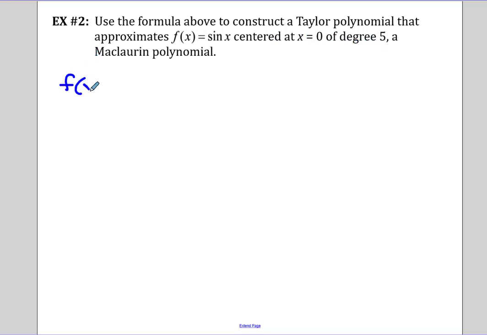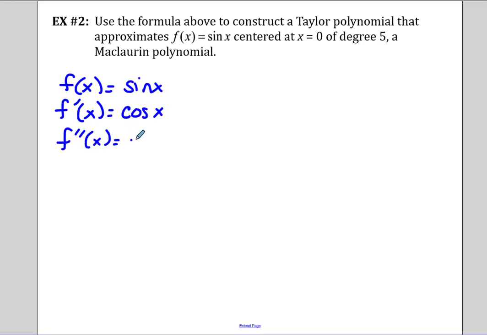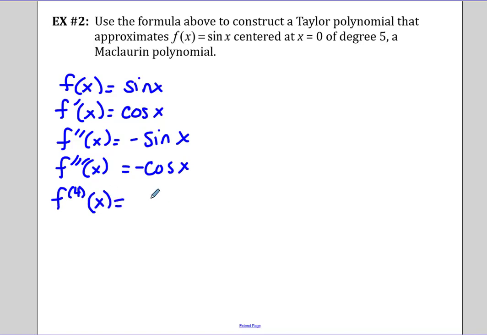So we want f of x is sine, f prime of x is cosine, f double prime of x is negative sine. The third derivative is negative cosine. The fourth derivative is sine.